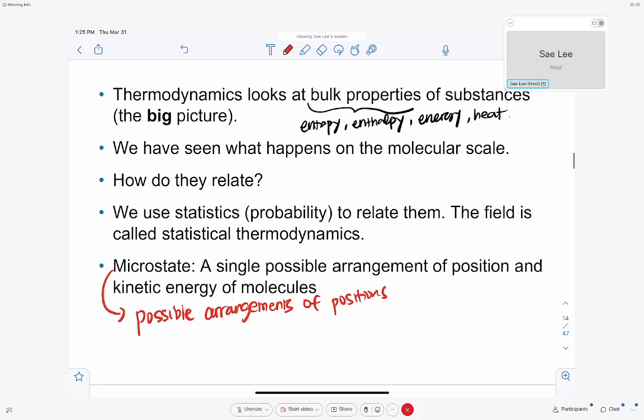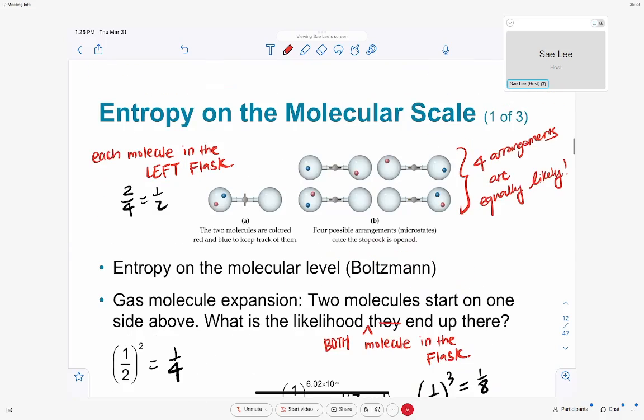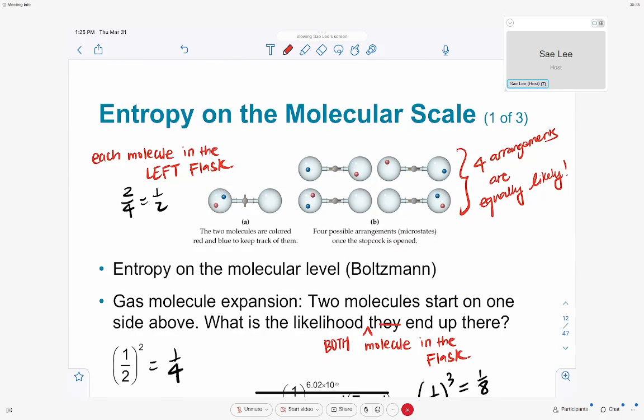When the stopcock was opened, the number of possible arrangements of molecules increased. We say the number of microstates increased, and therefore the entropy increased.